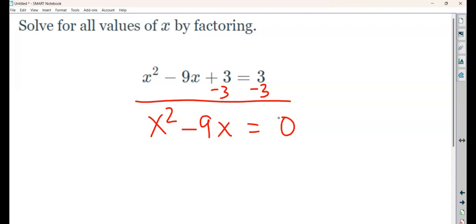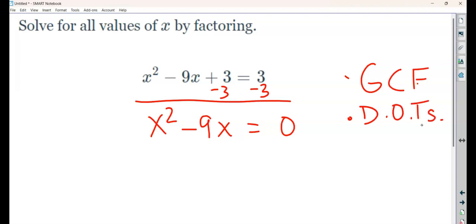So binomials can only be factored using GCF or difference of two squares. This is not a difference of two perfect squares because that variable does not have an even exponent. So it sounds like I'll be using only the GCF. The GCF for these two terms is x, so that's what's going to factor out first.